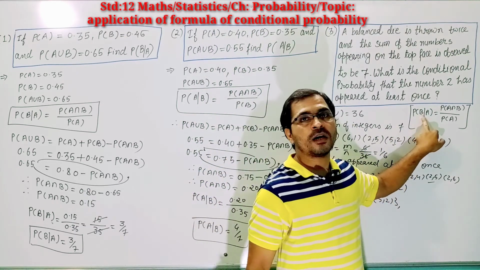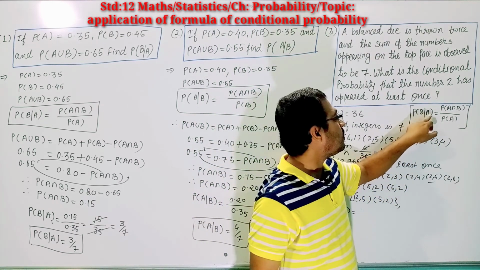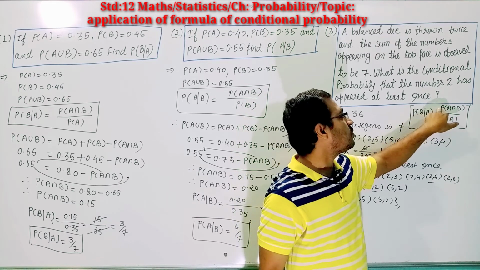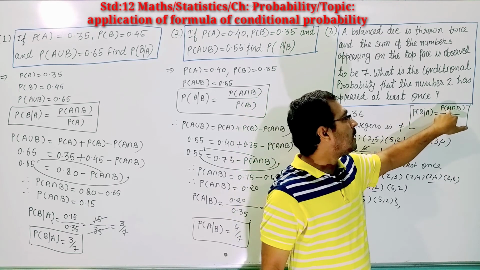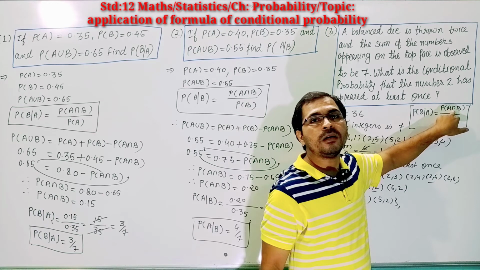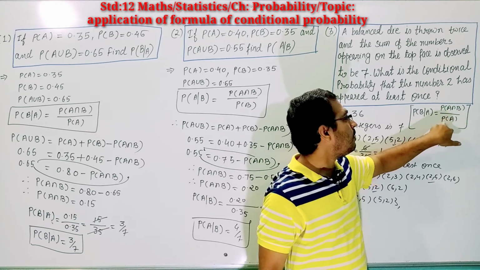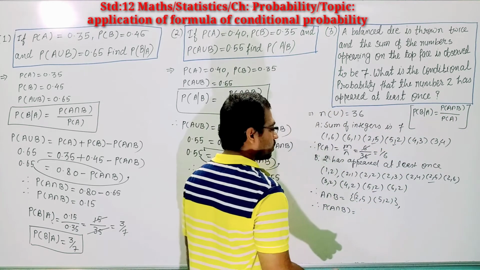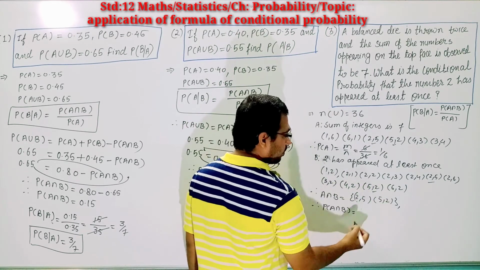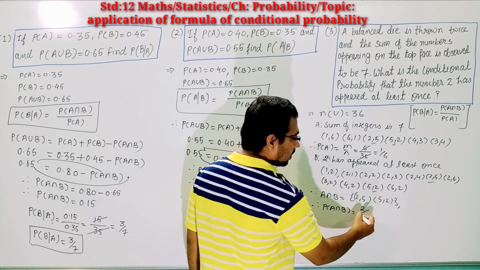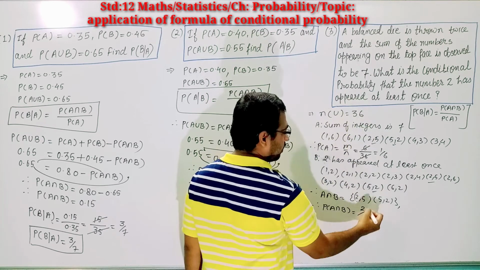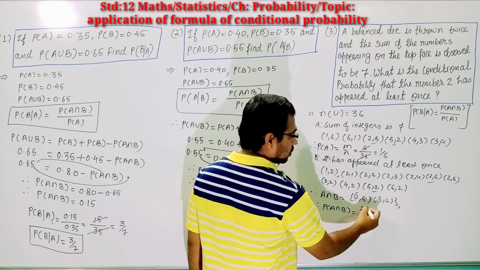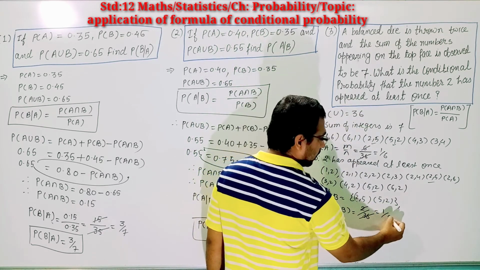Whenever we find the conditional probability of one event with respect to another, we find the probability of the common event divided by the probability of A. Two outcomes are common out of a total of 36 sample points, so we get 1 by 18.